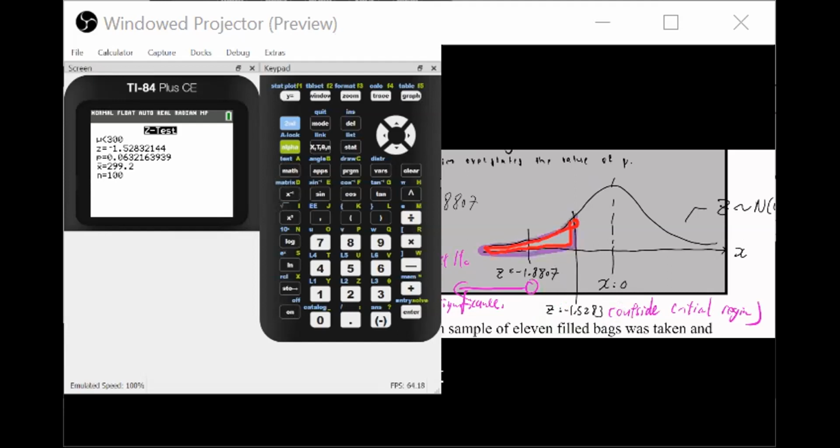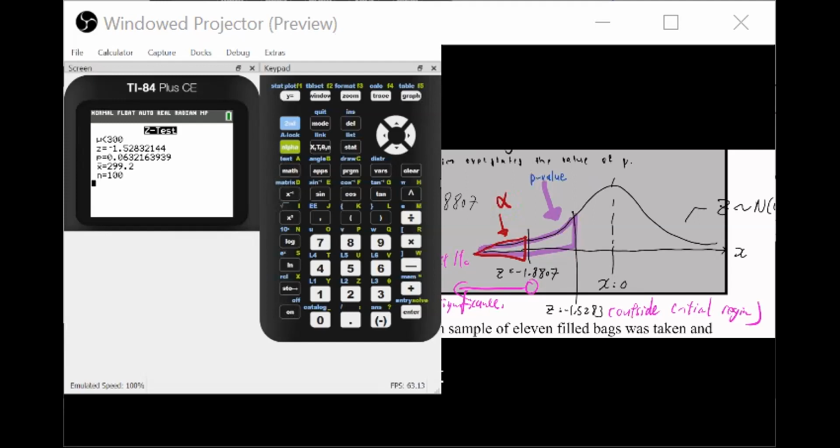This region here, that is your p-value. Then where's your alpha? The area. Correct. Good. So if you manage to get a p-value that's bigger than alpha, you reject H naught. Correct?